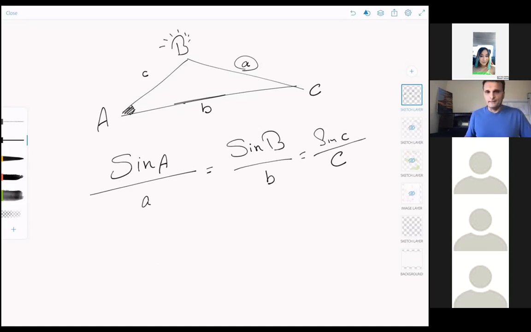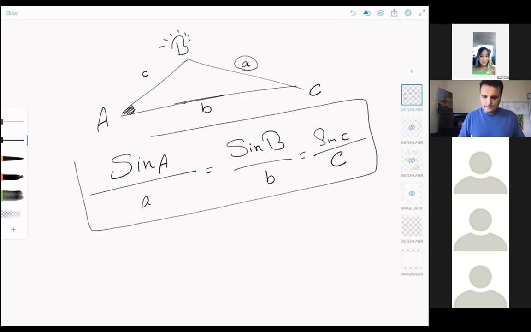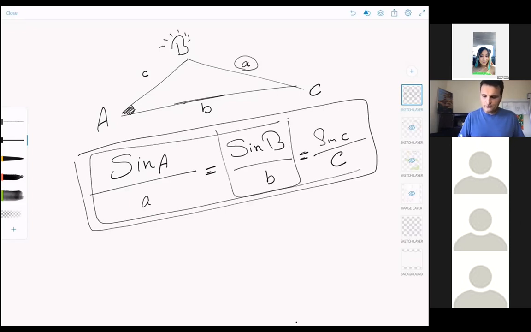So this is law of sine. If you're going to use it, we have two equal signs here. We pick two at the same time. You can use these two, or you can use these two, or this and that one. That was law of sine.